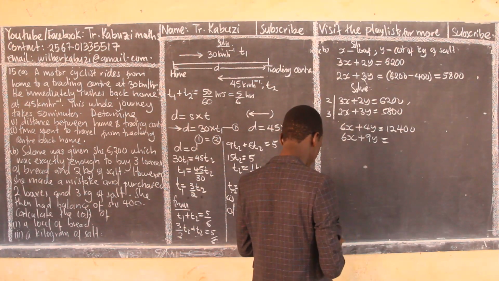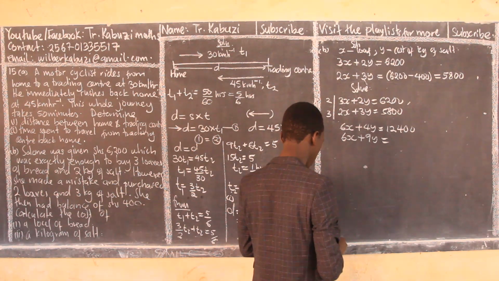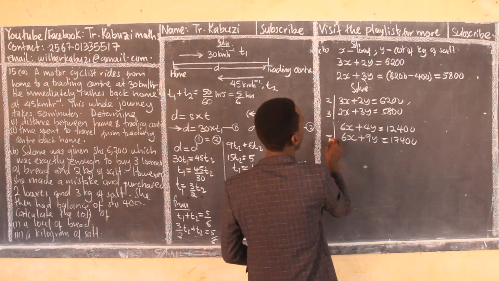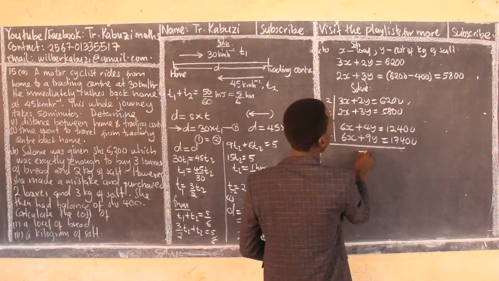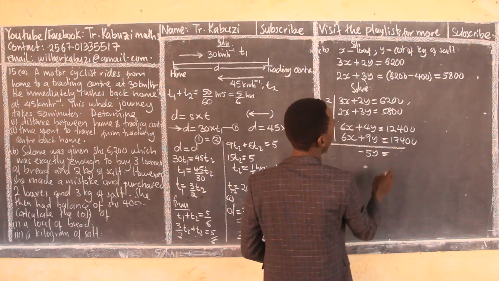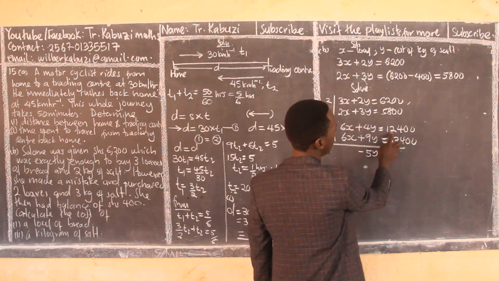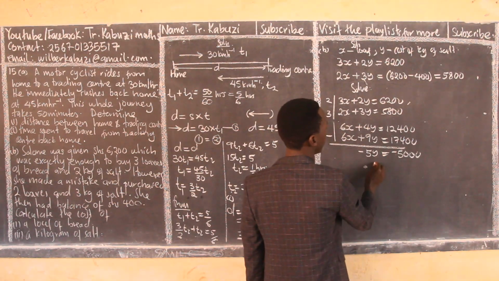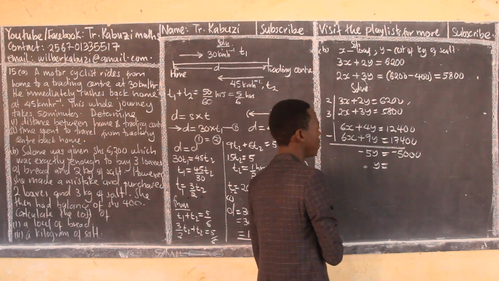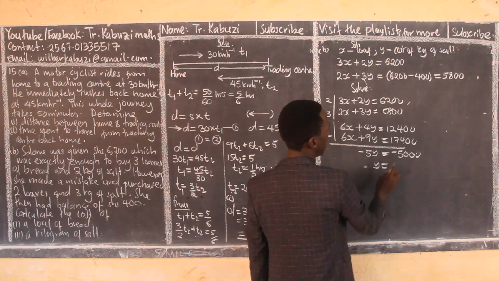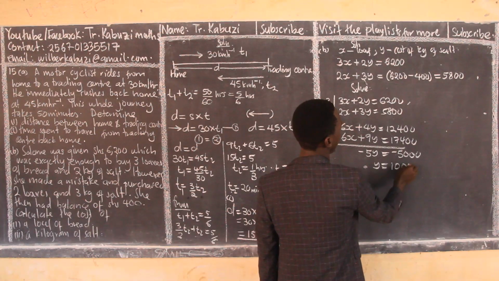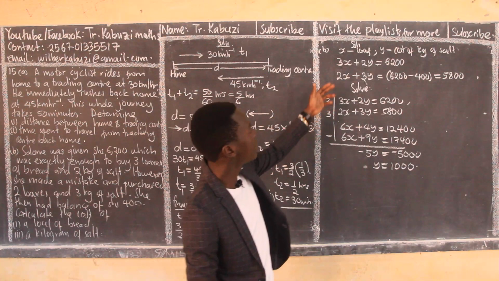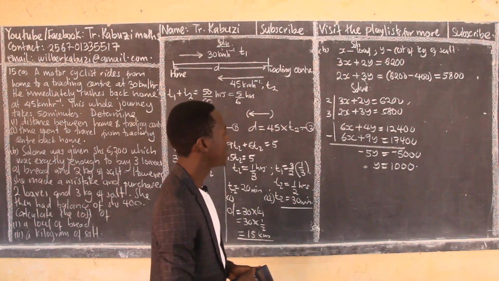Then this times that, we get 174. Then we subtract. This will give us negative 5y, and there I think we are going to be having negative 5,000. Divide through by negative 5 on both sides, and y is going to be 1,000.